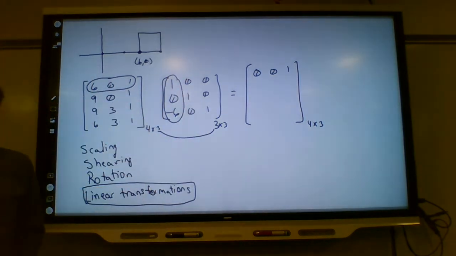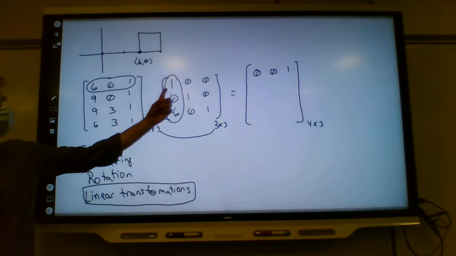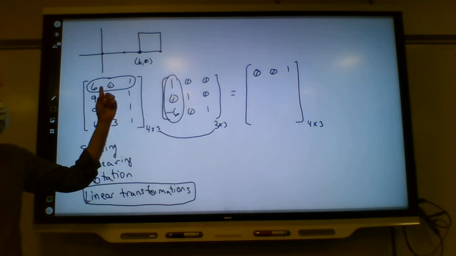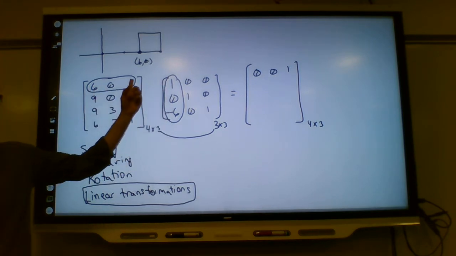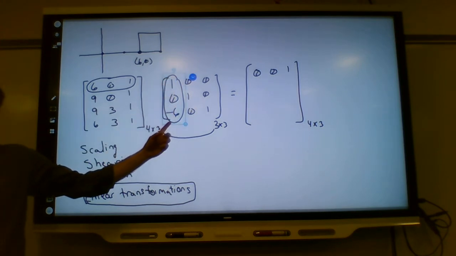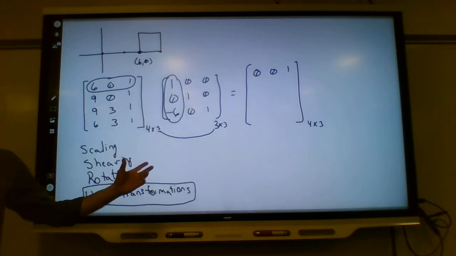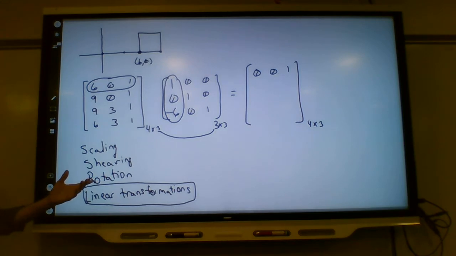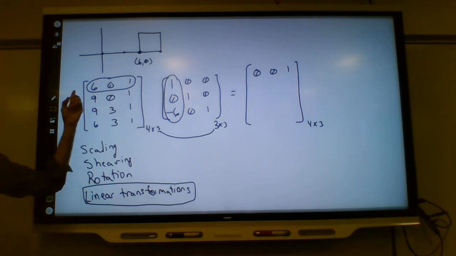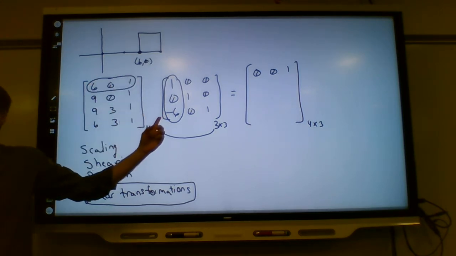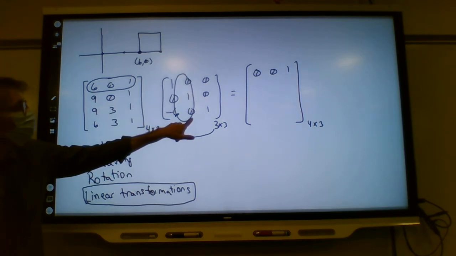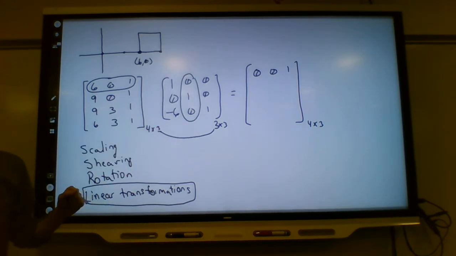First entry. What do we get? Do the dot product of this first row with this first column. And we get 0. 6 minus 6. All right, what about the dot product there?